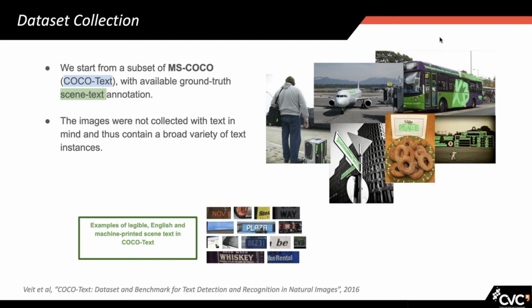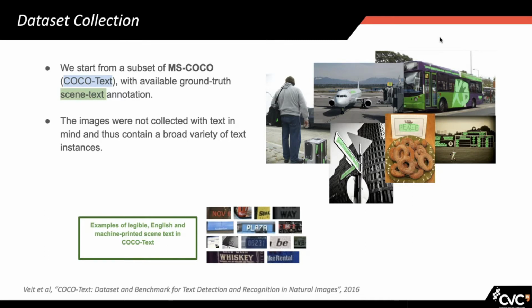OCR models usually do not perform that well on this dataset, so it's not that easy, since it does not specifically consider the syntax you can find in an image. Rather, it comes from more natural and improvised photographs.